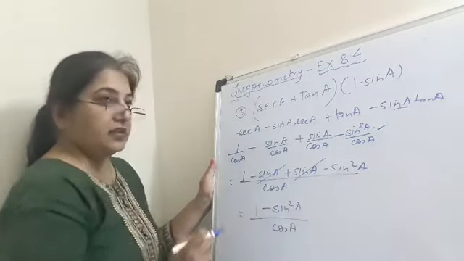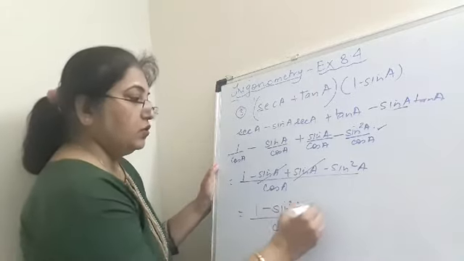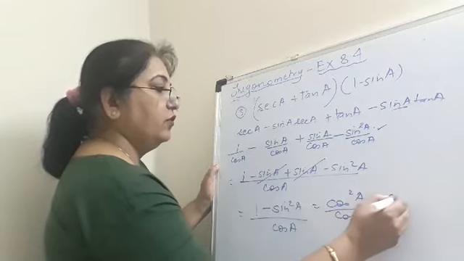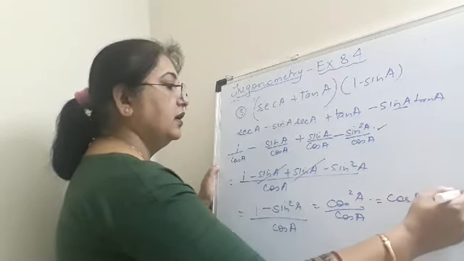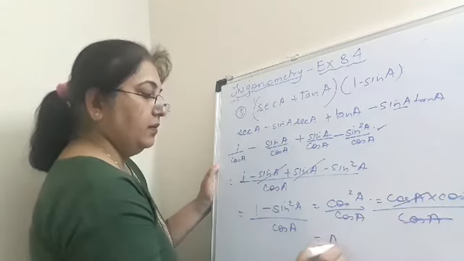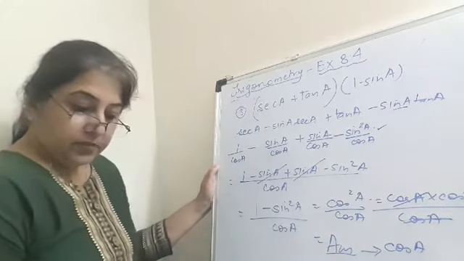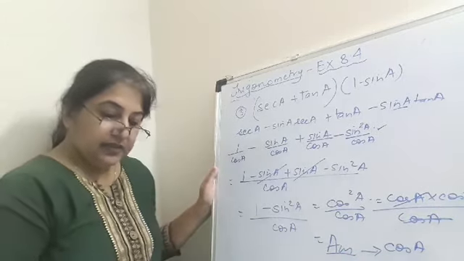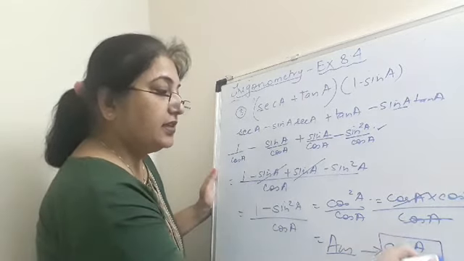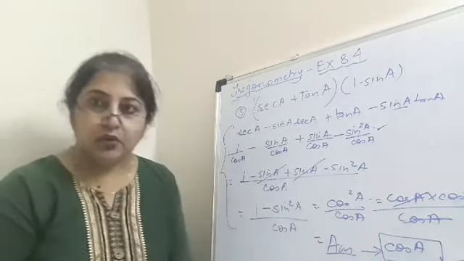Now you know that the identity says 1 minus sin square A is equal to cos square A. So here I can write cos square A upon cos A, and out of cos A into cos A upon cos A, one will cancel, and therefore the answer is cos A. The four options are sec A, sin A, cosec A, cos A, so the fourth option is correct, and this is how we have justified our choice.